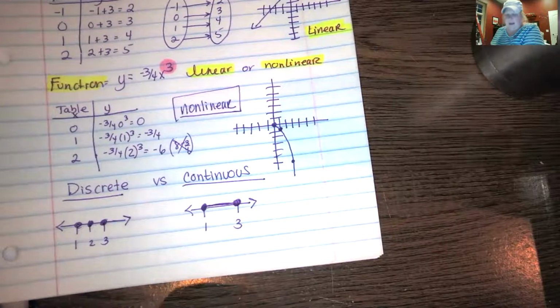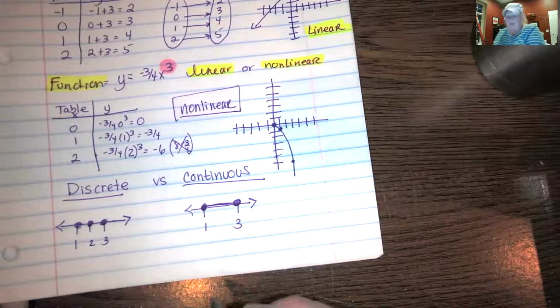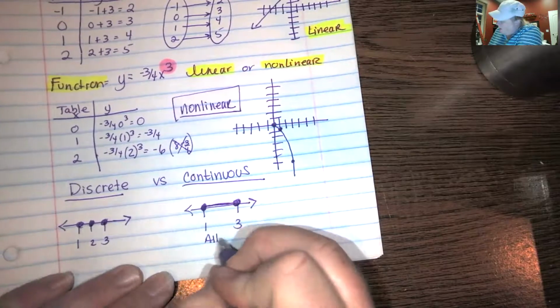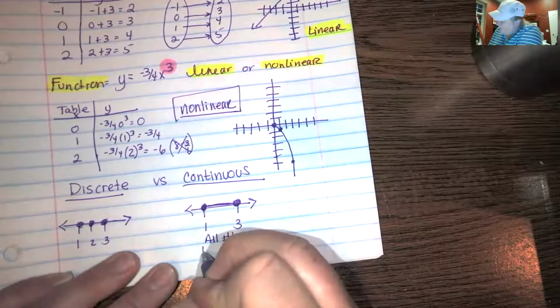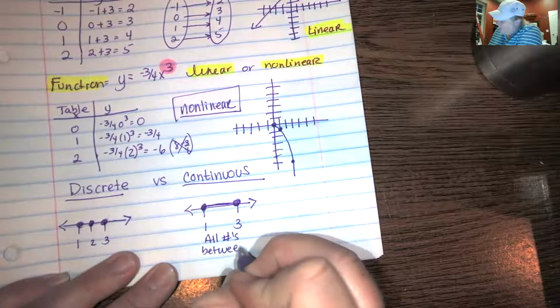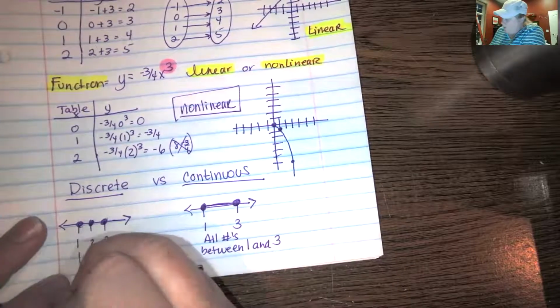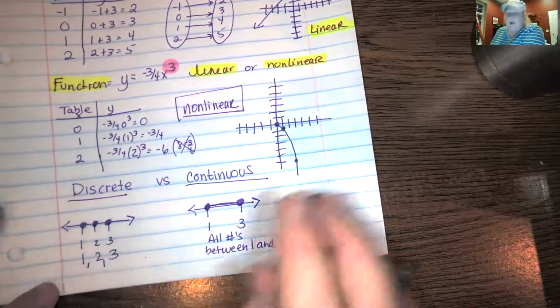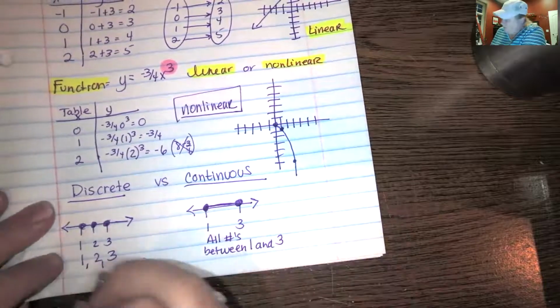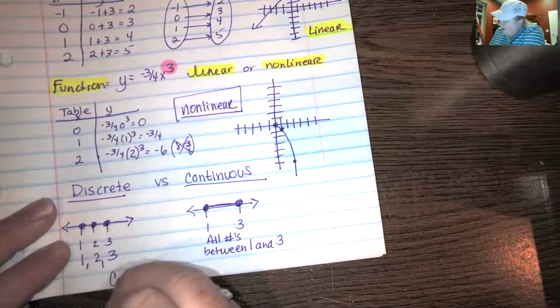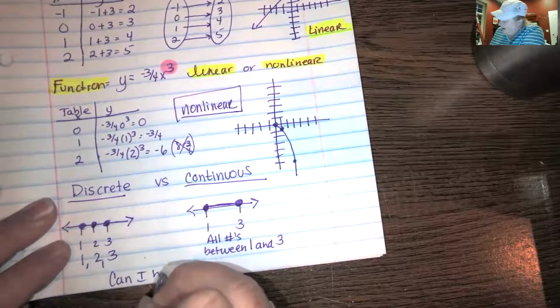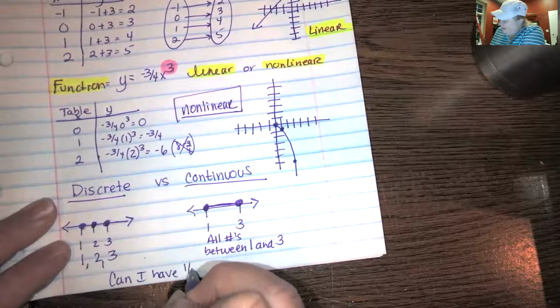So you just put that on a graph. It's the same thing. I want all numbers between 1 and 3. This I want 1, 2, 3. Think about this. Discrete. Can I have half?